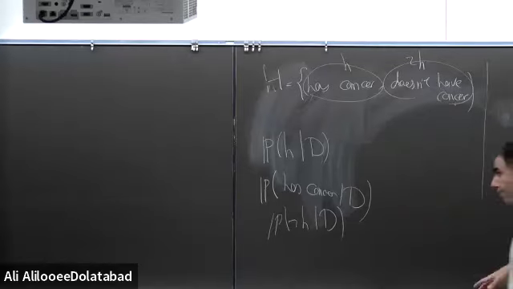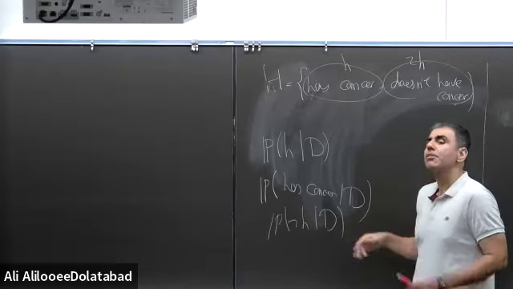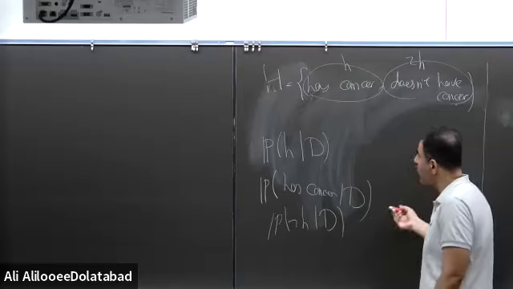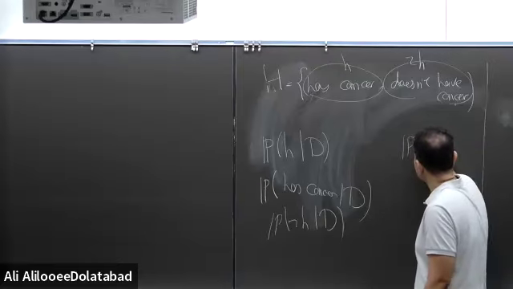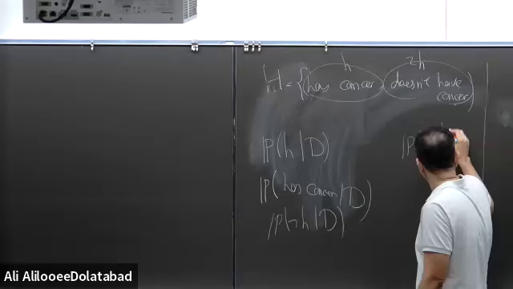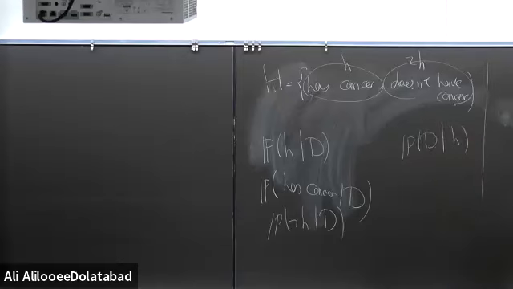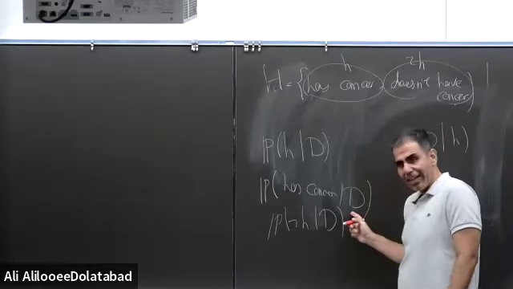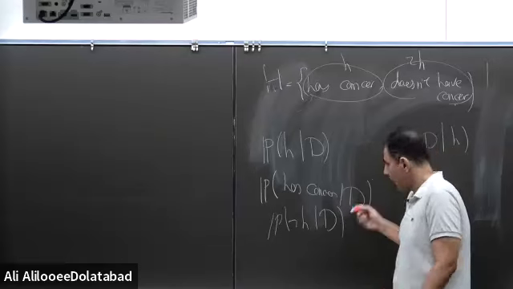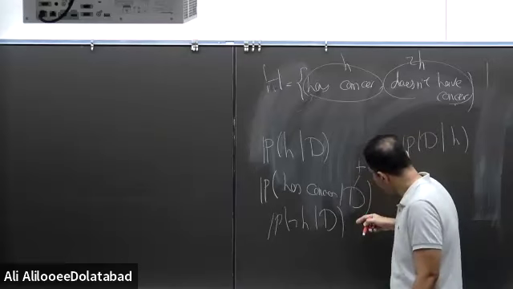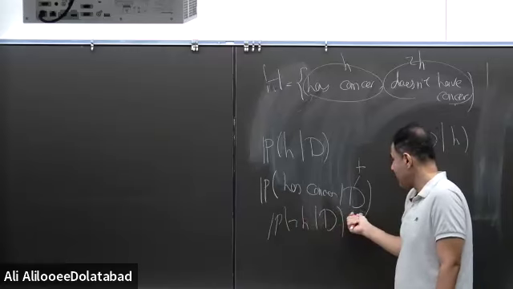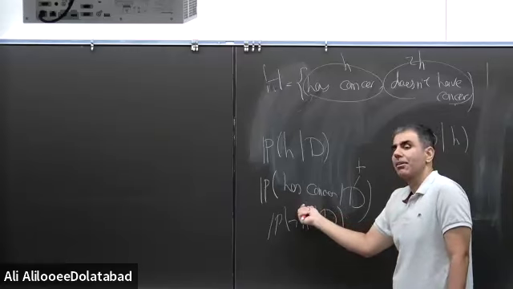Right? But the problem is that this probability is not available. But if you switch these, the probability is available. When we switch, it means we have the probability of D given H. The data D here comes from a test. For example, the test is positive and the person has cancer.